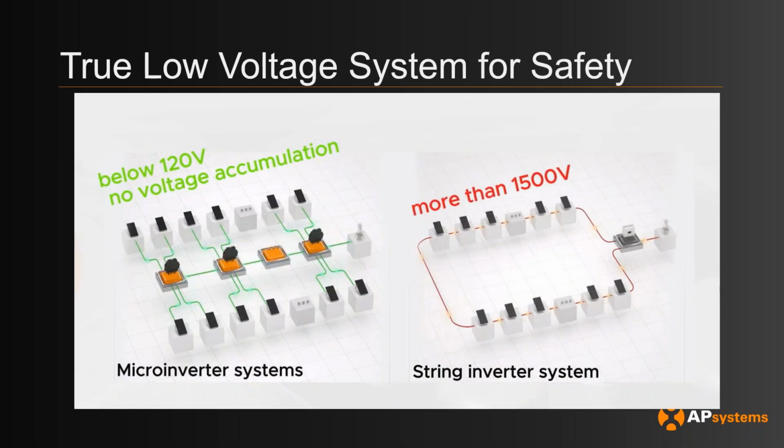First of all, a microinverter is a true low voltage system. If you have a string inverter, there is a risk of having high voltage DC on the roof. And with my American colleagues, a lot of people have questions regarding module level rapid shutdown devices.